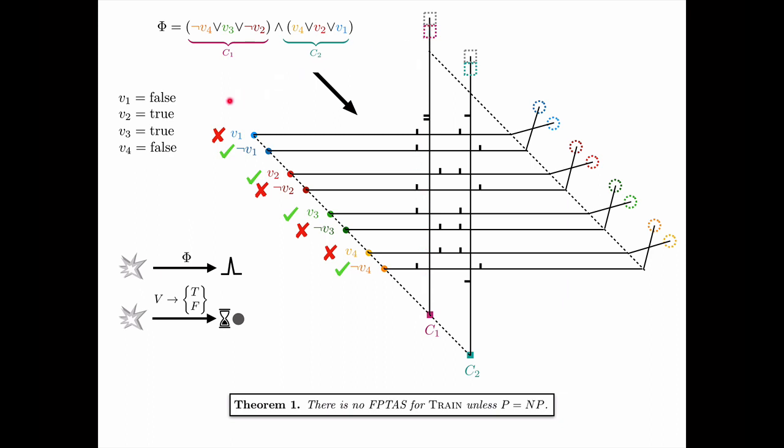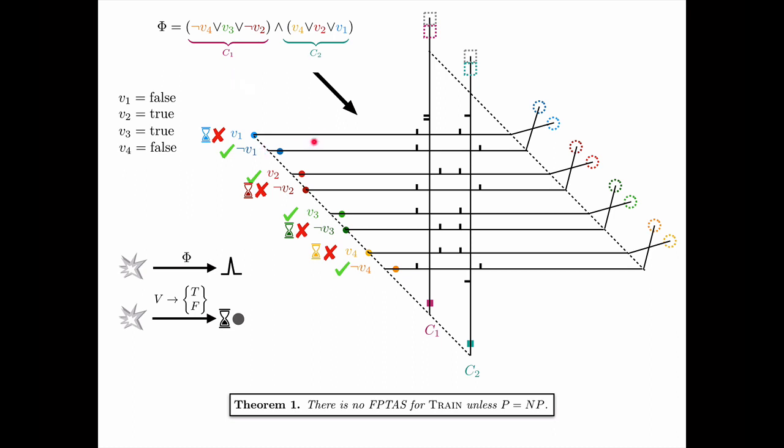Now, based on a variable assignment, for example, v1 is assigned to false, v2 is assigned to true, and so on, for such a specific assignment we construct a corresponding schedule as follows. Each literal track that is not fulfilled by this assignment has to wait for 1 time unit, and the other corresponding literal does not have to wait.